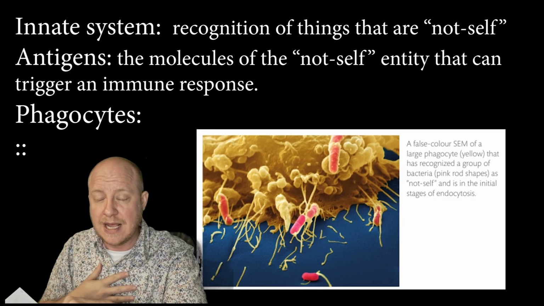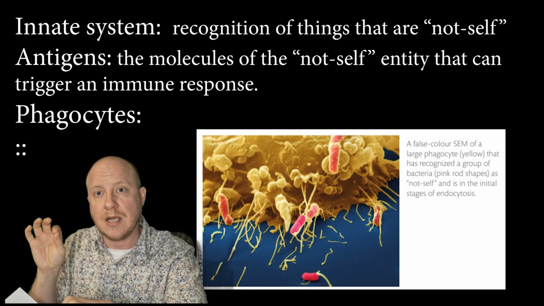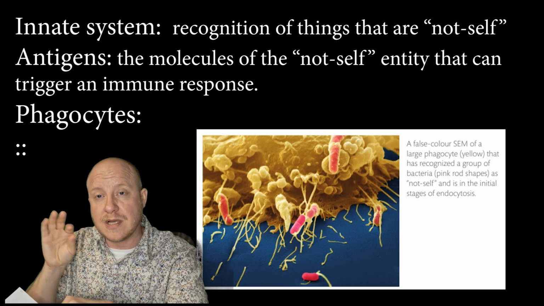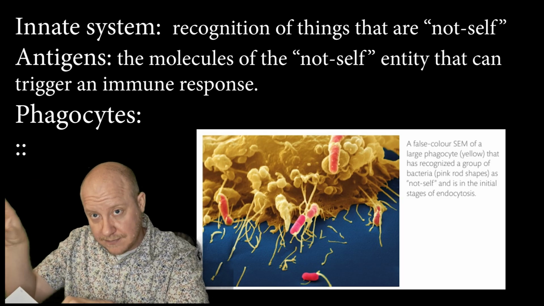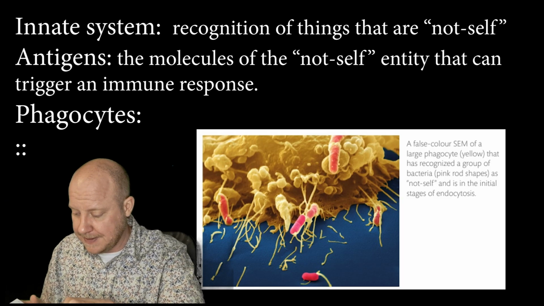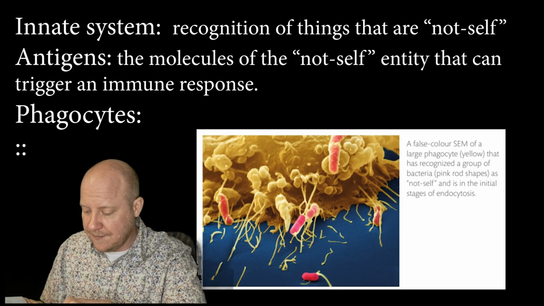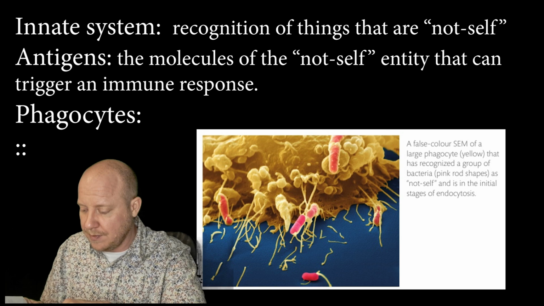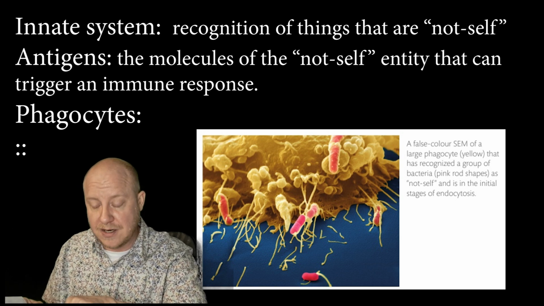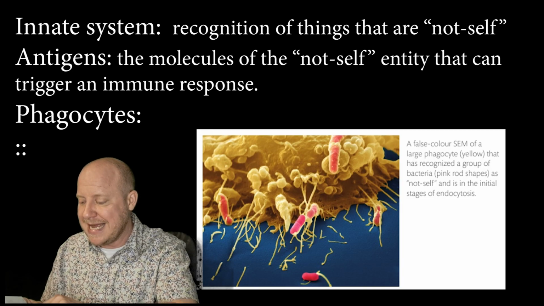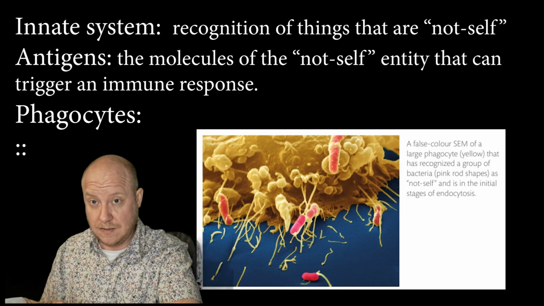An antigen is a few molecules of a foreign substance that should not be in your body. The innate immune response involves activation of a group of leukocytes called phagocytes, which are capable of engulfing invading material by endocytosis. You need to know endocytosis.